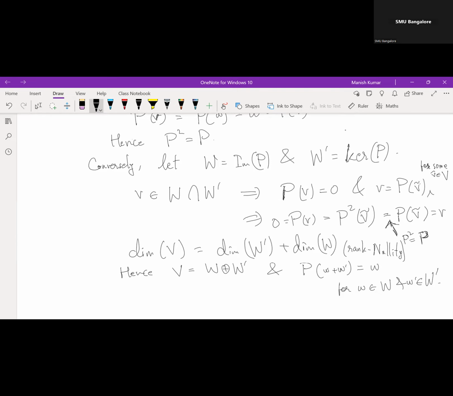Okay, so once you have this, then of course, if you take any element in V, it will look like W plus W prime, and P of it goes to W. Because W prime is in the kernel, that will get mapped to 0.